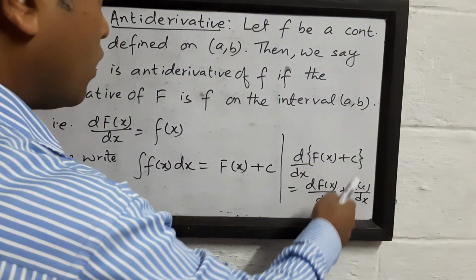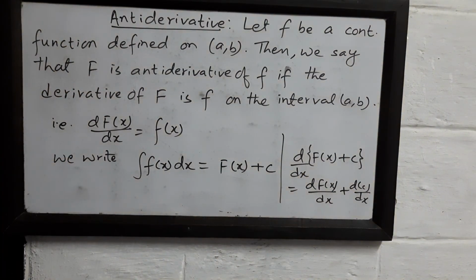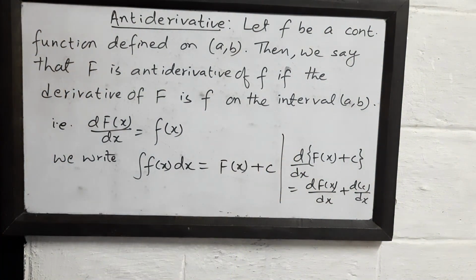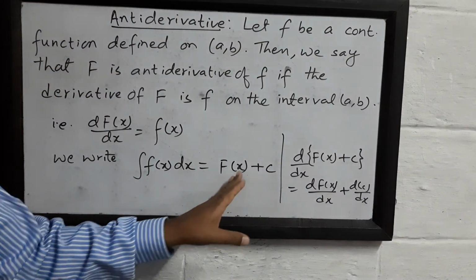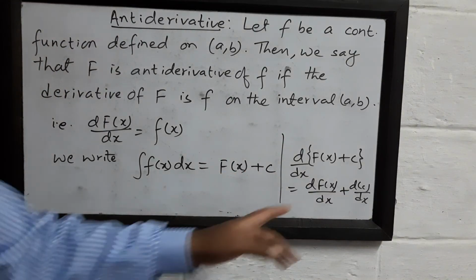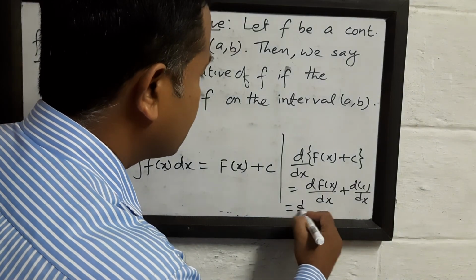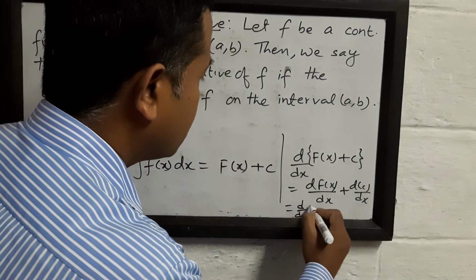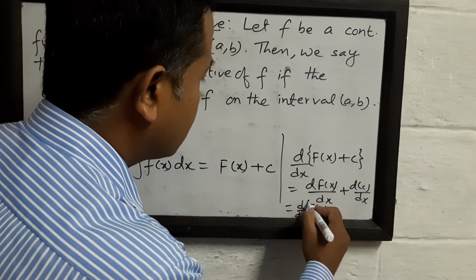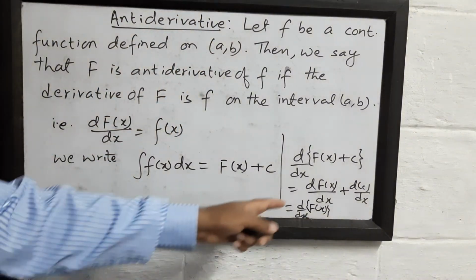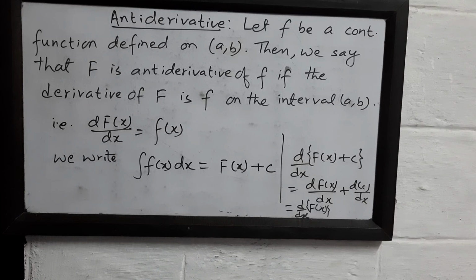So writing F(x) only or with a constant doesn't make any difference, because the derivative of a constant is 0. From this also you will get d over dx of F(x).